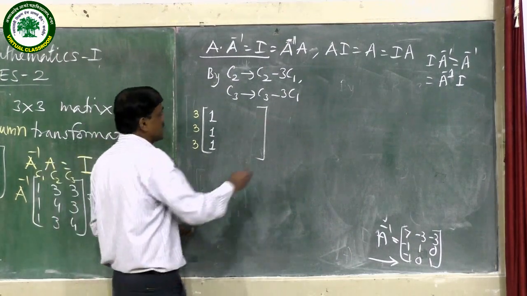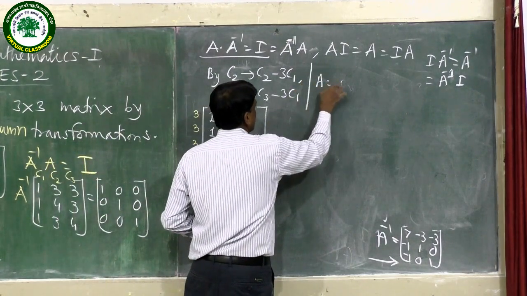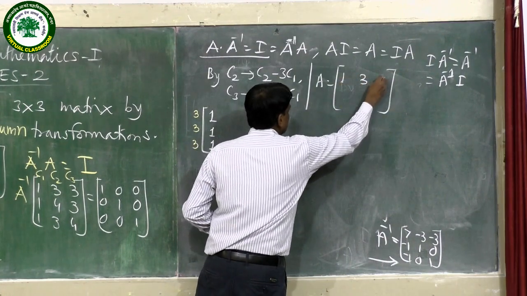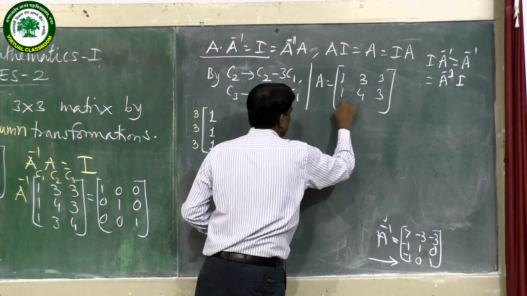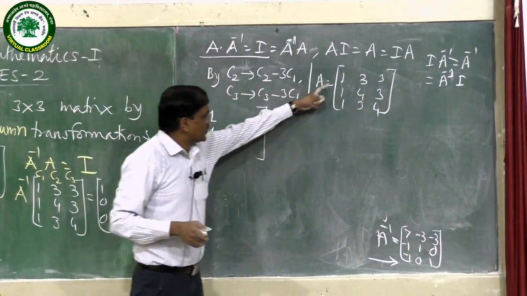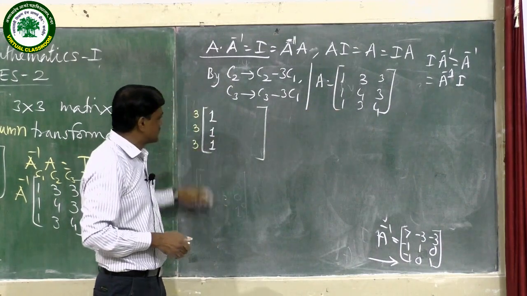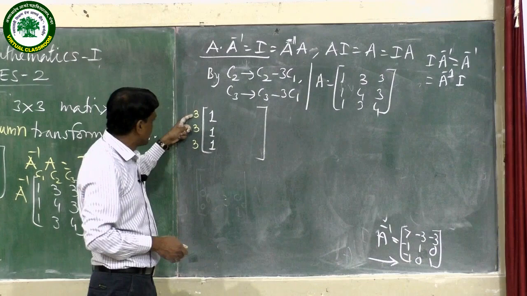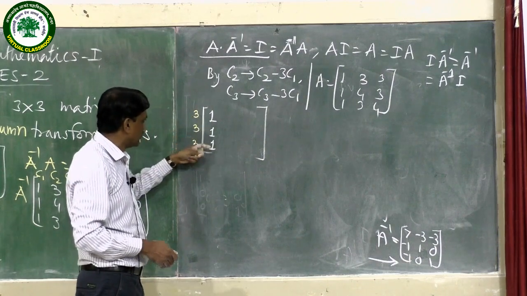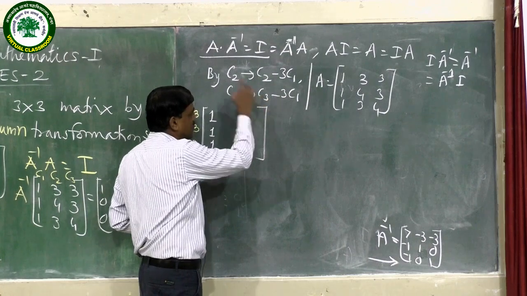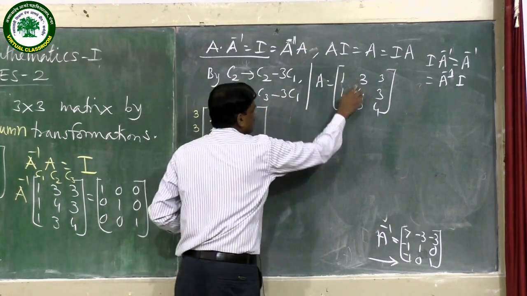See, our original A is like this: 1 3 3, 1 4 3, 1 3 4. See, first column 1 1 1 as it is. Multiply the first column by 3, 3 into 1 is 3, 3 into 1 is 3, 3 into 1 is 3, and subtract these multiples from the second column and third column. So this is the second column.